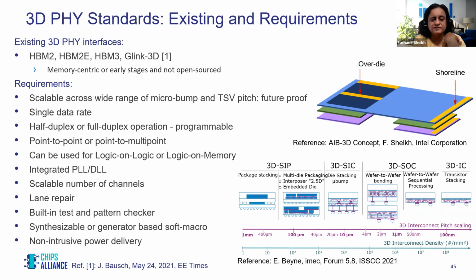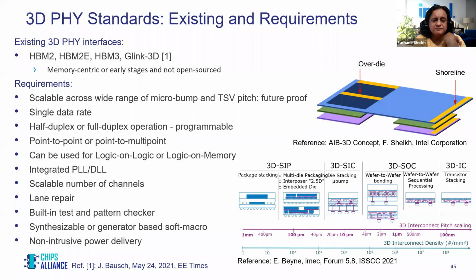Also, we want to be able to enable point-to-point or point-to-multipoint links. This is because it could be that your top die would like to speak to multiple bottom dies all at once, and that's a point-to-multipoint link, and we want to be able to figure out a way to enable that nicely.